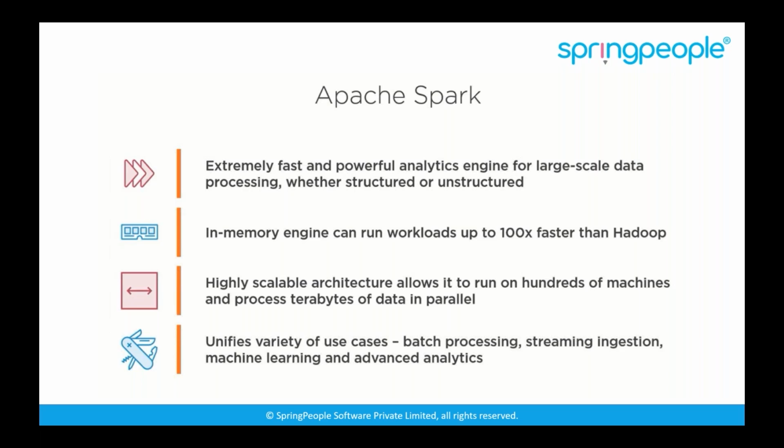So we can increase up to several hundreds and thousands of servers into one single compute, and we will be able to perform the operations using that compute. So it follows a highly scalable architecture where it allows you to run the process on hundreds of machines. And one more advantage of using Spark is that it supports parallel processing.